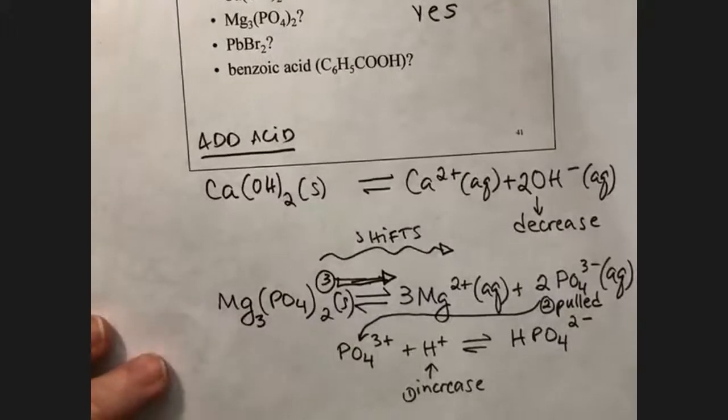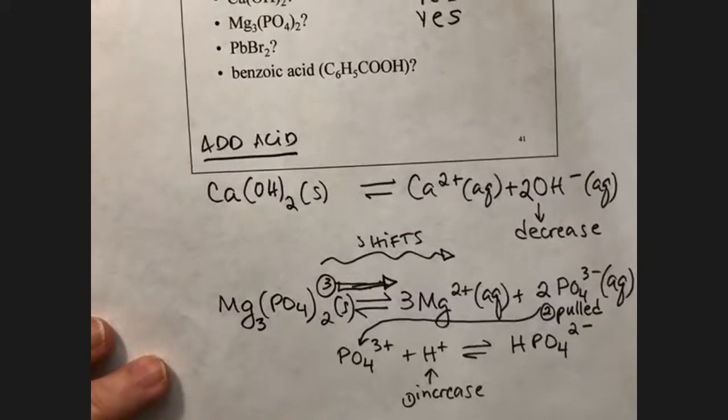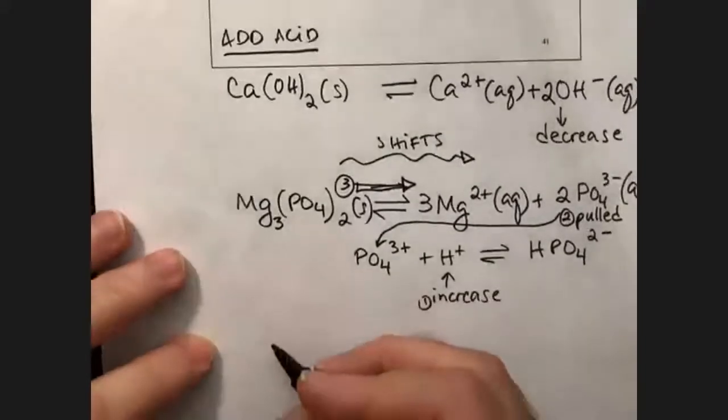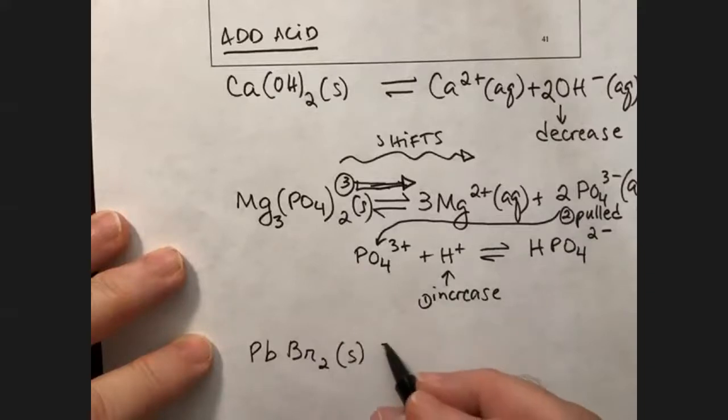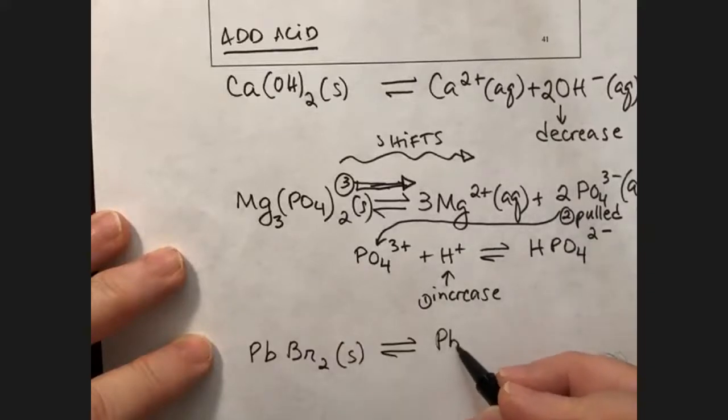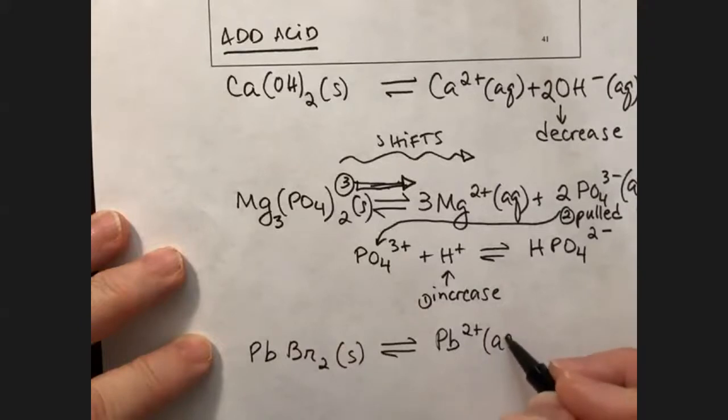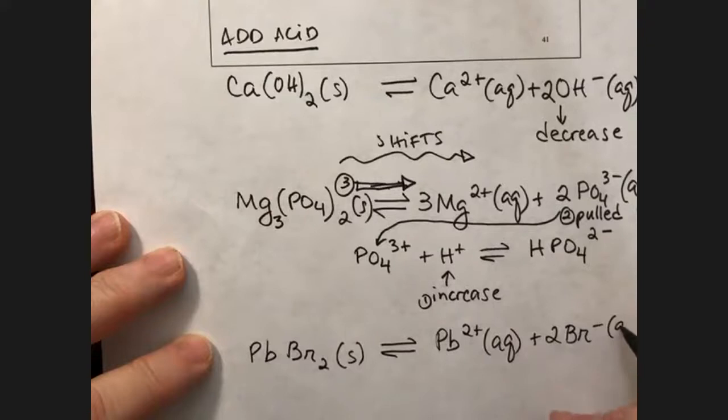All right, what about lead 2 bromide? That would dissolve into lead 2 ions and bromide ions.